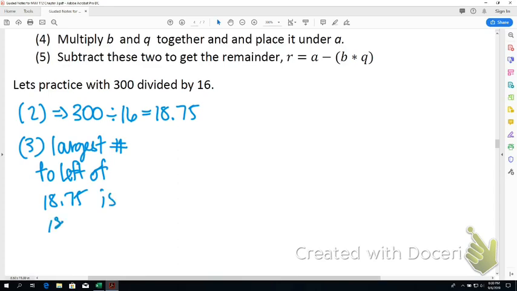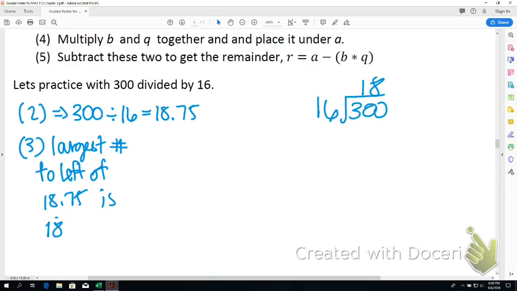It looks horrible. It is 18. Okay. So now that we have that, it said in step 3 to write it on top of the long division. So 16 divided into 300. I'm going to write 18 at the very top.